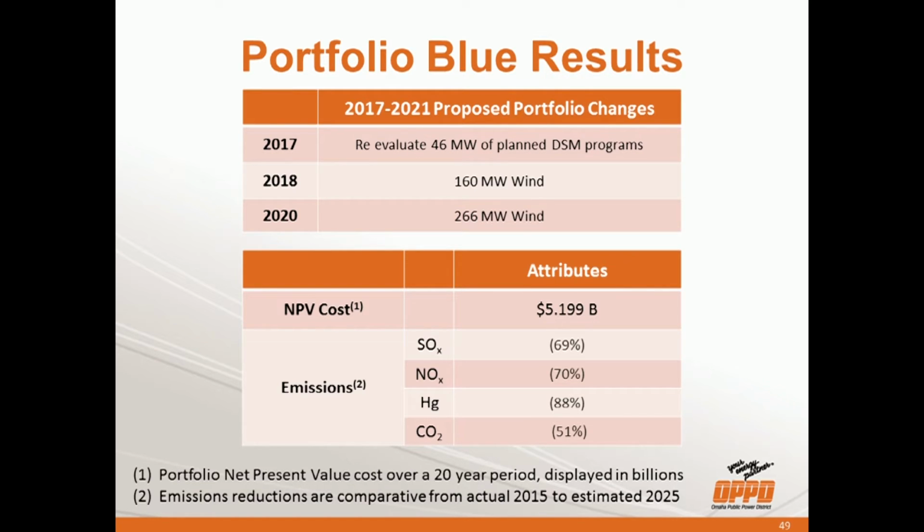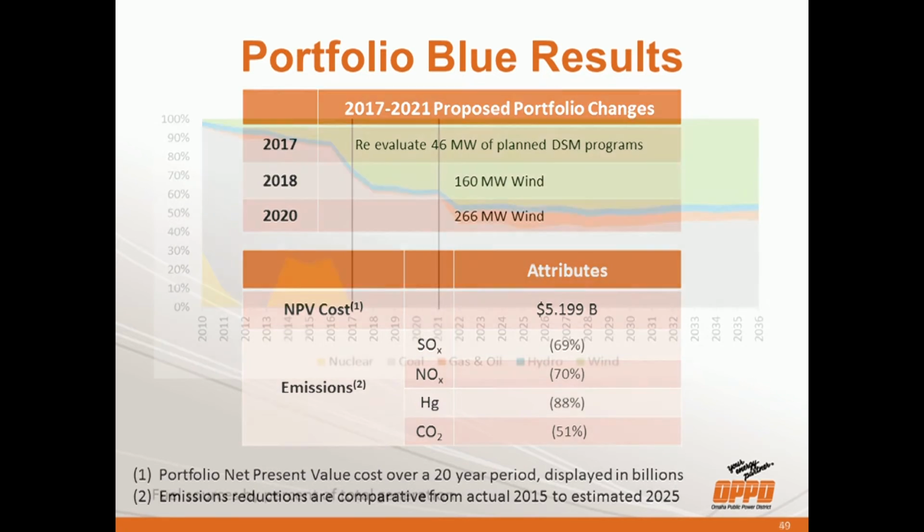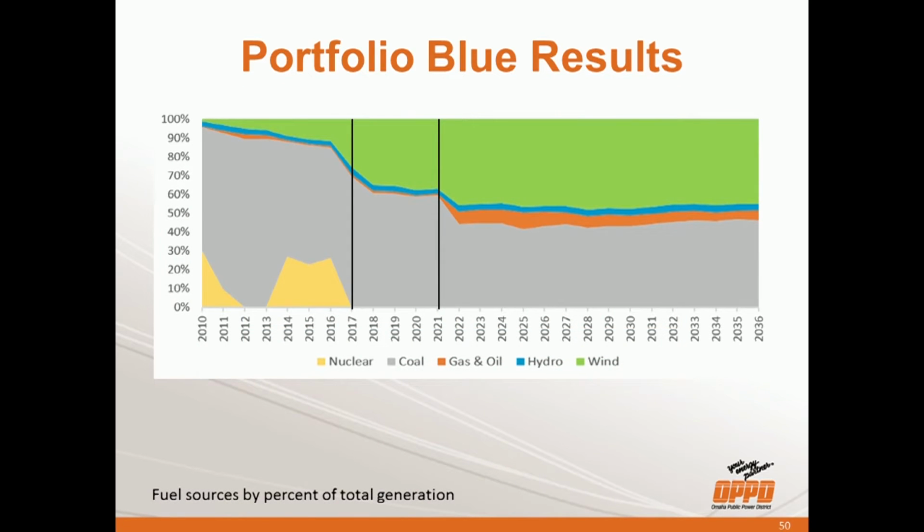A quick look at energy sources. Here's a graph of our different generating sources. You can see in the bottom left, there's the nuclear one. We would not expect to receive nuclear generation in 2017, and that's reflected here. You also see the black vertical lines, which encapsulate the 5-year period.